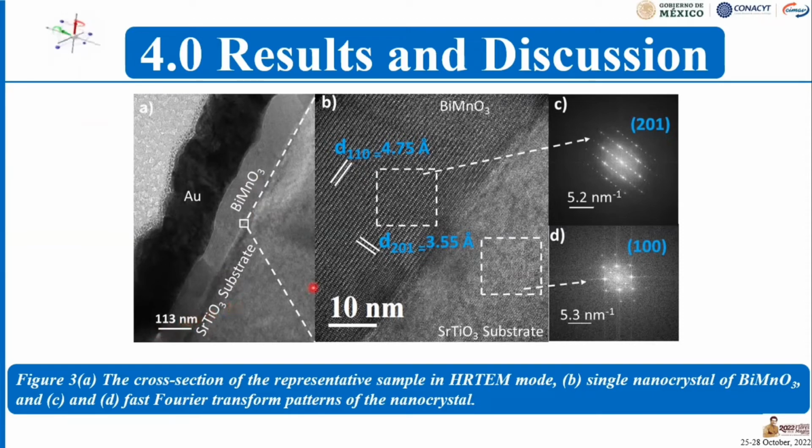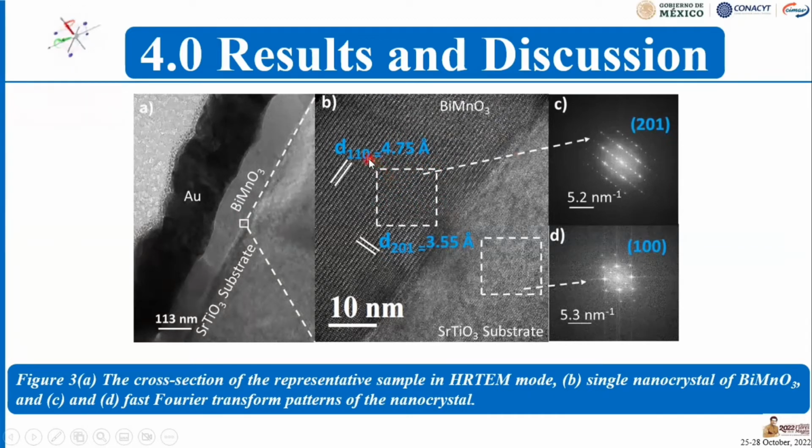The interface between the film and the substrate is well defined, with no appreciable interdiffusion between the film and the substrate. From this micrograph, the film thickness was determined to be approximately 110 nanometers. 3B here shows the interface of the nanocrystal represented with a white square region.